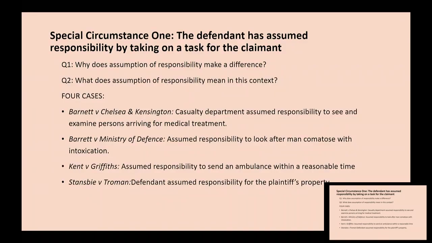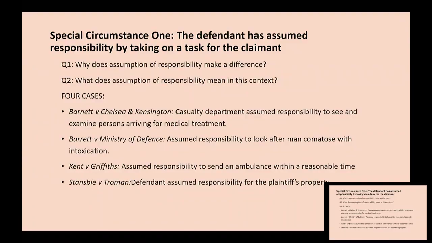The duty bearer has essentially chosen to take on a responsibility in relation to the plaintiff's well-being. They have voluntarily undertaken to do a task for the plaintiff. So because they voluntarily chose to do that, the objection that you're interfering with their freedom falls away, because they chose to do something and then the duty of care was imposed when they did it.